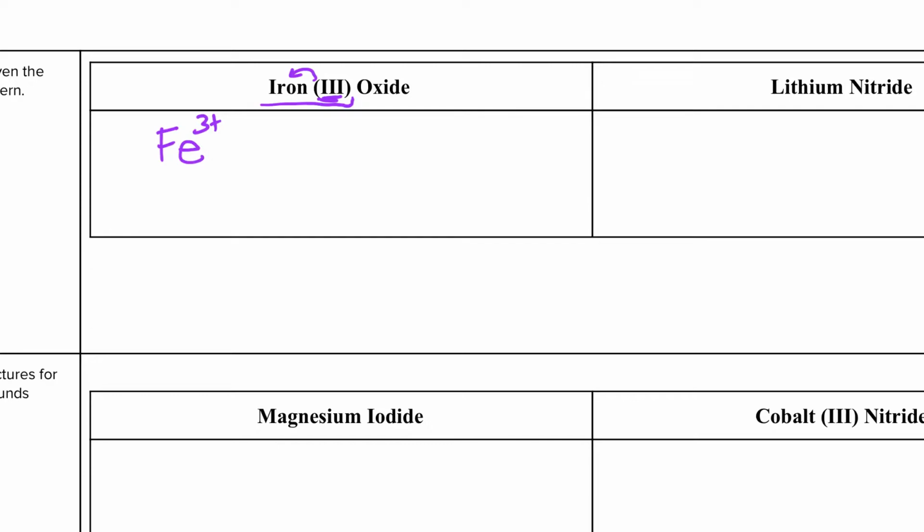And oxygen is always a -2 charge. So here's where the charges don't add up. It doesn't add up to 0, so we have to crisscross our charges. So we're going to write our formula as Fe2O3. So the formula for iron 3 oxide is Fe2O3.